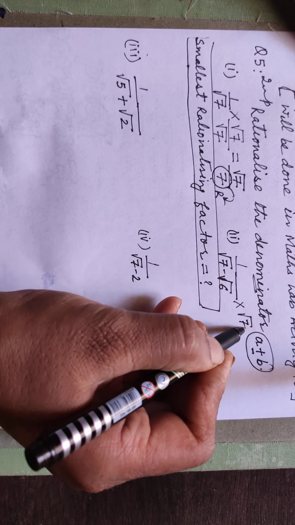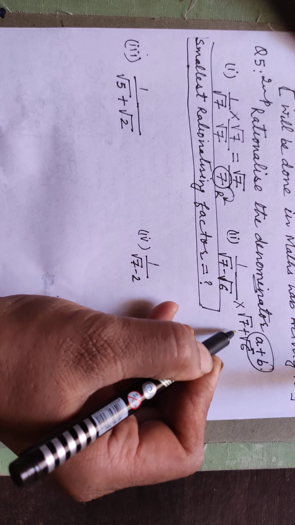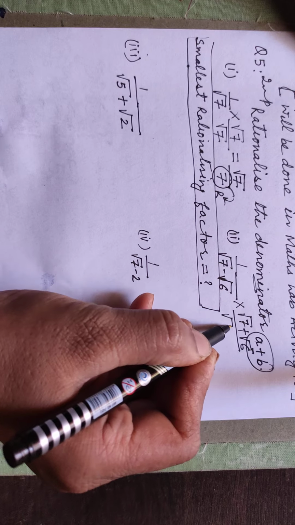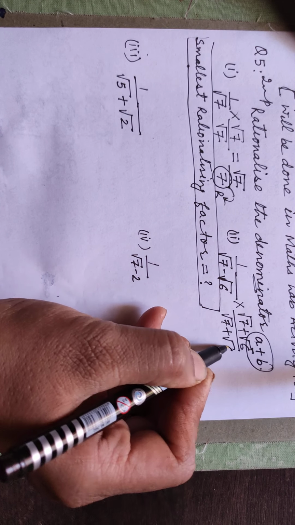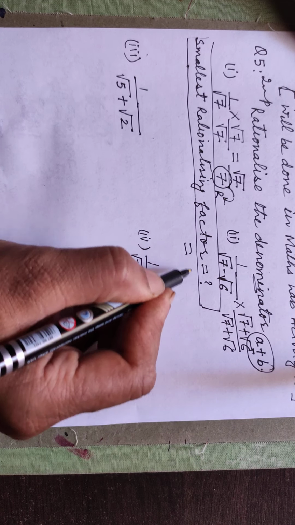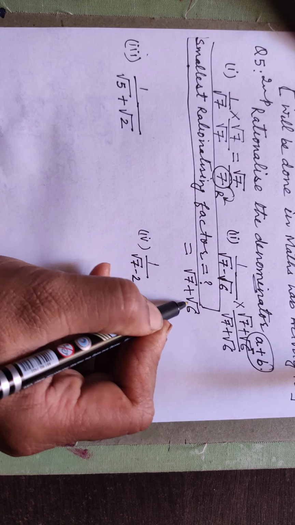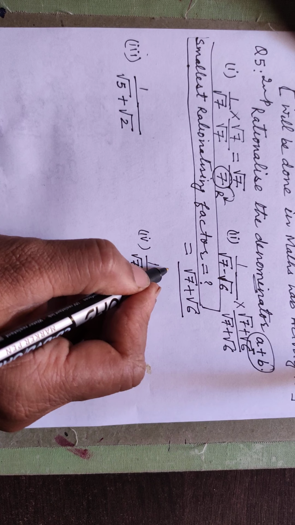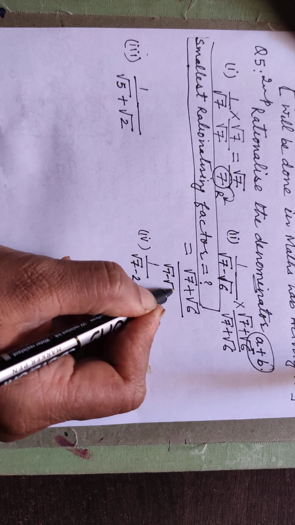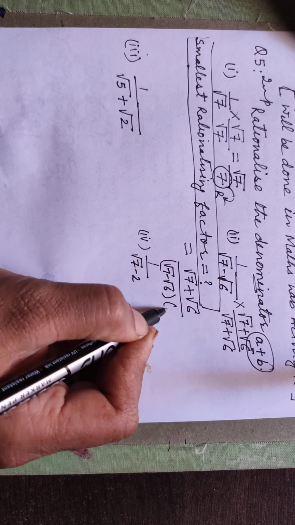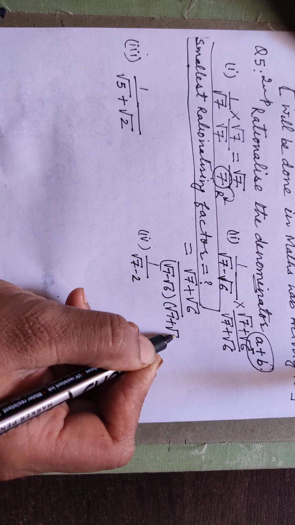Root 7 plus root 6 divided by root 7 plus root 6. Simplify. Numerator will be root 7 plus root 6. Denominator would become root 7 minus root 6 times root 7 plus root 6.